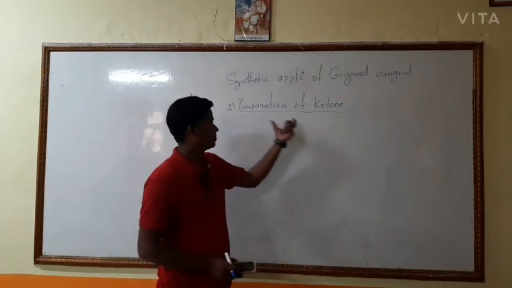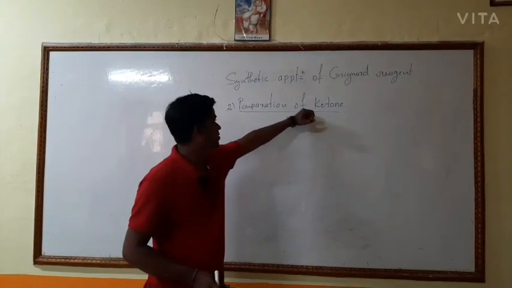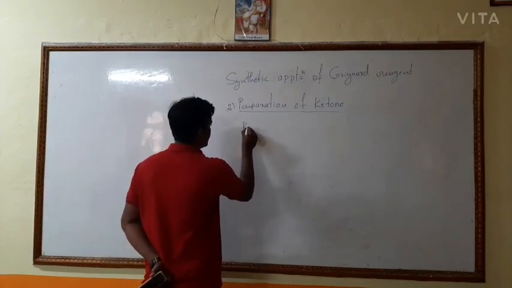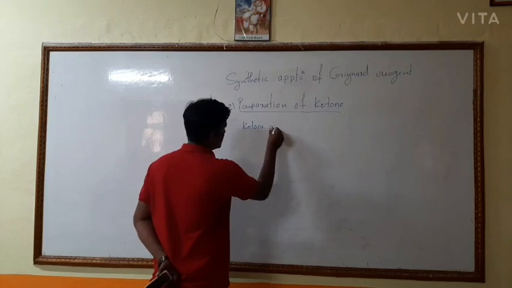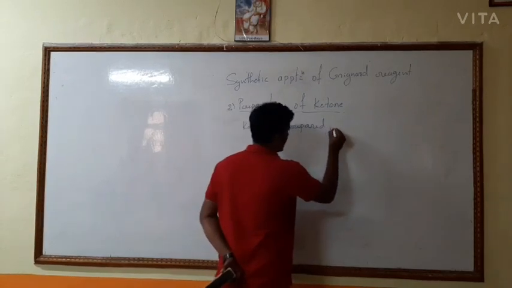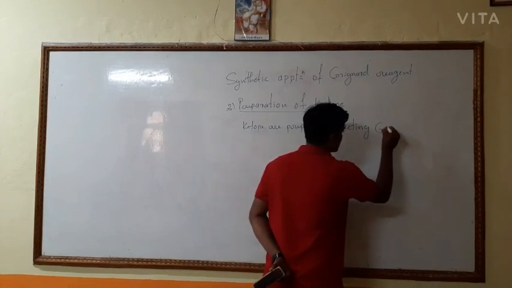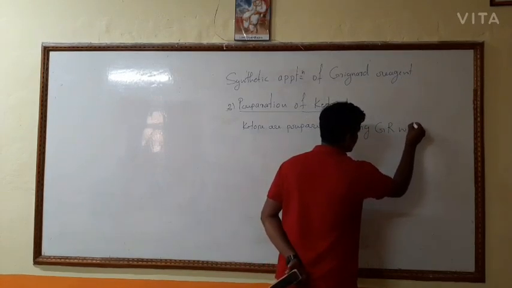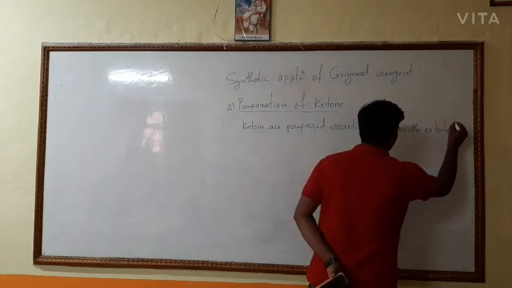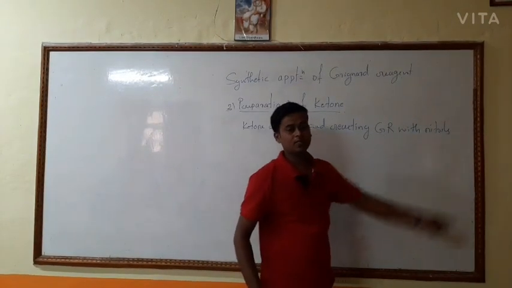Next is preparation of ketone. We are here preparing ketone by using Grignard reagent. Ketones are prepared by reacting Grignard reagent with nitriles.